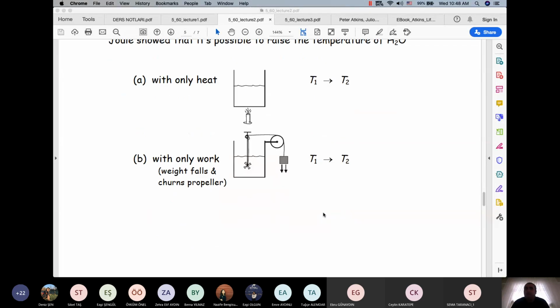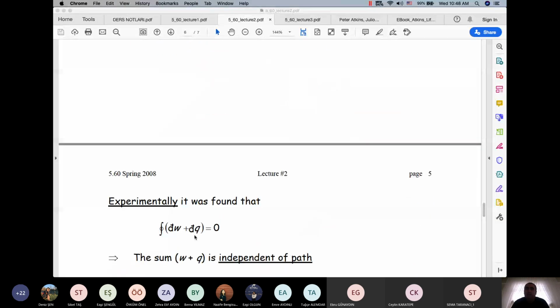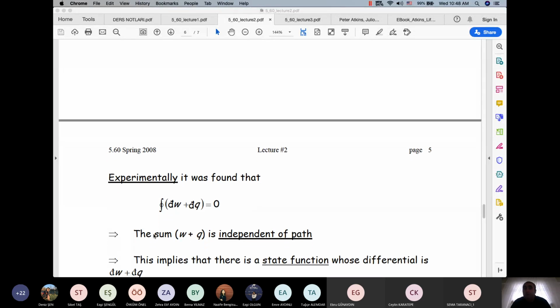But a very interesting thing is that with the combination of work and heat together, the sum of the work and heat that the system loses or gains together does not change over the cyclic process. So the sum is independent of path, and this sum is actually called internal energy.